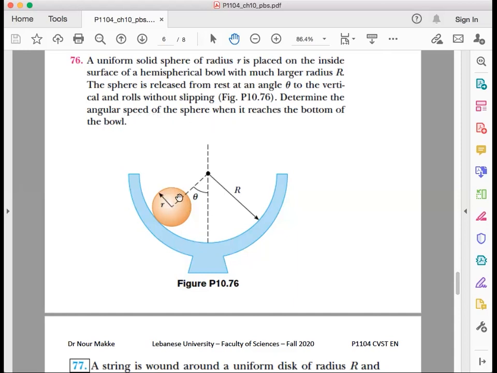So when this sphere is at this position and then it is released from rest, it will roll inside this bowl of radius capital R without slipping. And then at some time, it will arrive at the bottom of the bowl, this vertical position. The question is, how much would be the angular speed of the sphere when it is at this position?